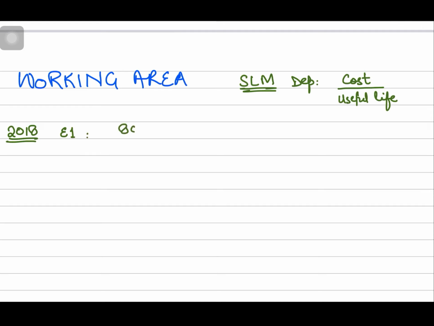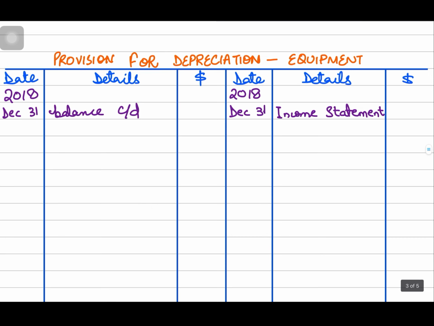So, the cost is 800 divided by the number of years, and there will be no proration because it is being purchased on the first date of the financial year. So, depreciation on this equipment will be $80, right. So, 80 will be recorded in the provision for depreciation account, and 80 as balance carried down as well, right. Now, let us move to 2019.